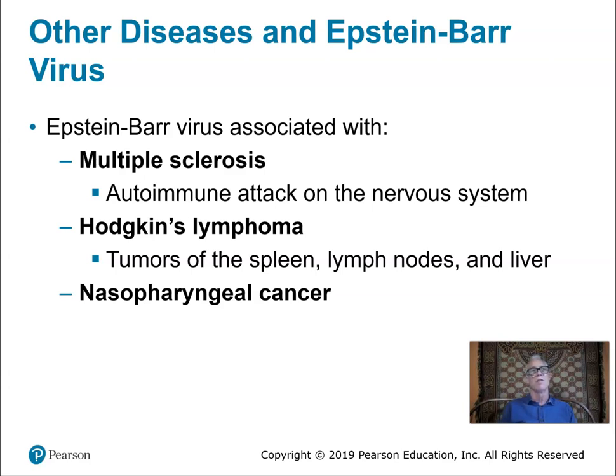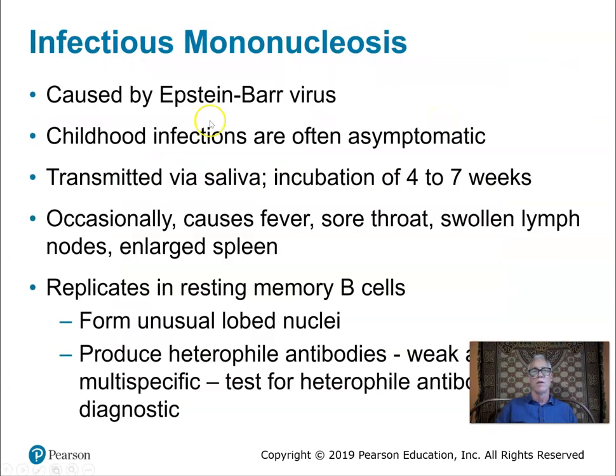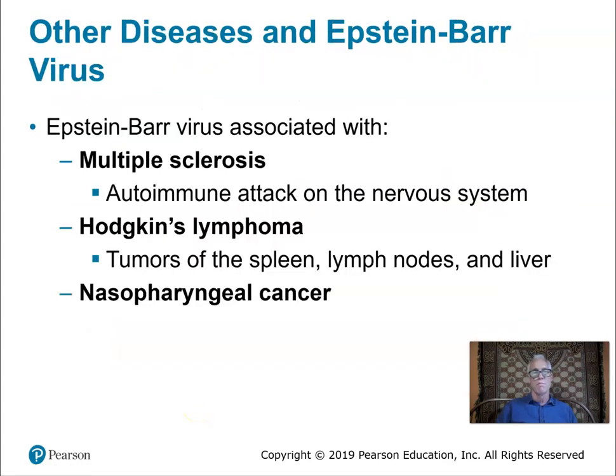It's also associated in some way with chronic fatigue syndrome that we talked about last time. There's an epidemiological connection between people who had a strong mononucleosis disease and later in life develop chronic fatigue syndrome.